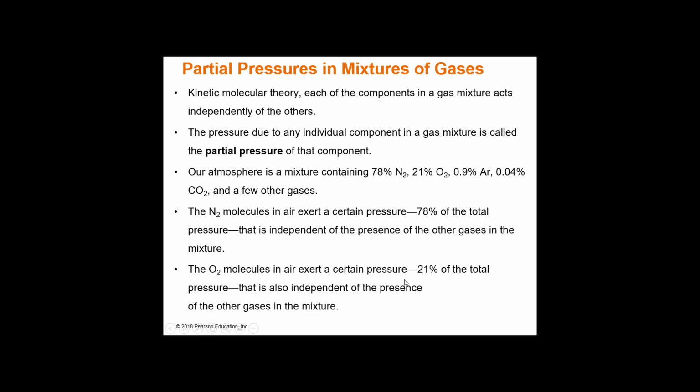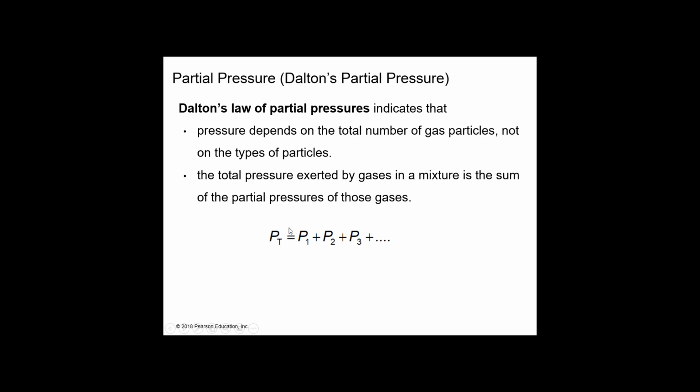For instance, nitrogen makes up 78% of the total pressure. It acts in our environment as if it's the only gas that exists. It doesn't interact with the other gases. They do not mix together. They all act independently of the other gases being present. Same for oxygen. Oxygen is 21%. It acts as if it's the only gas in our atmosphere.